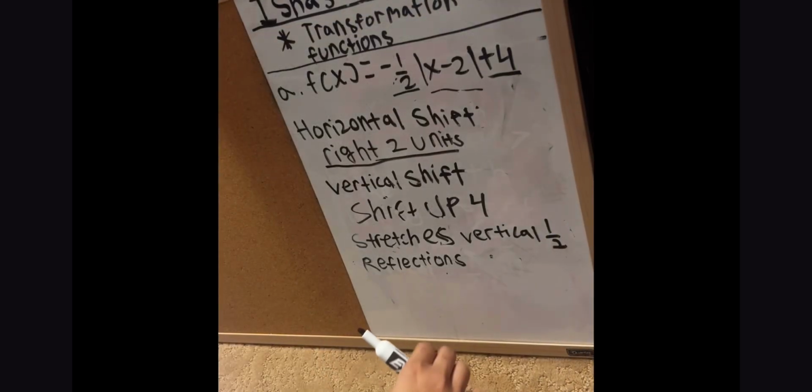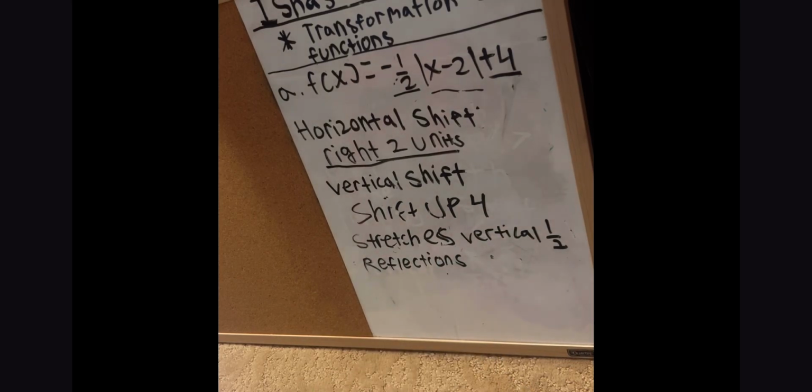We're going to continue on and try to find the reflections now. A reflection occurs when the graph of the function is essentially flipped over a specific axis. To determine if there was a reflection, you have to look at the signs of the coefficients in the function.